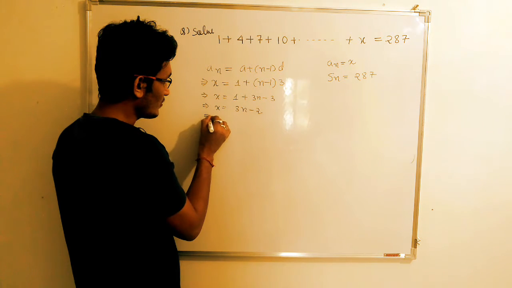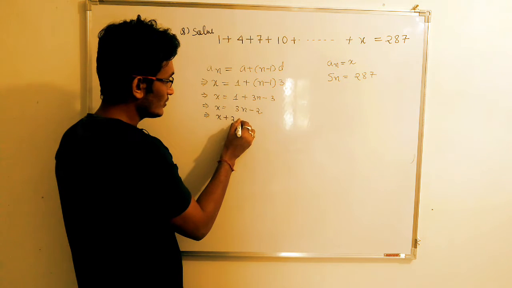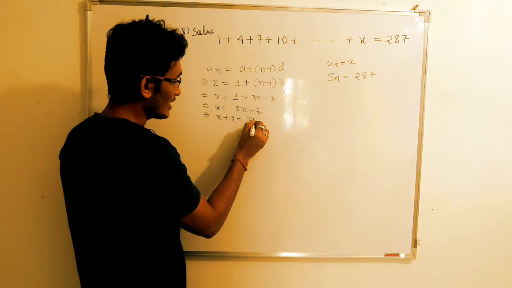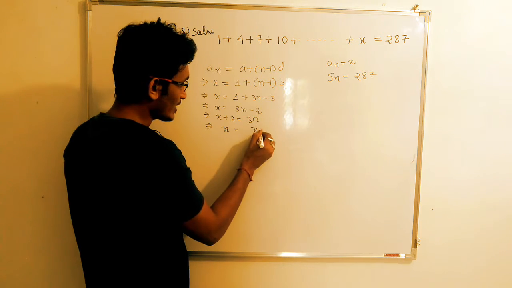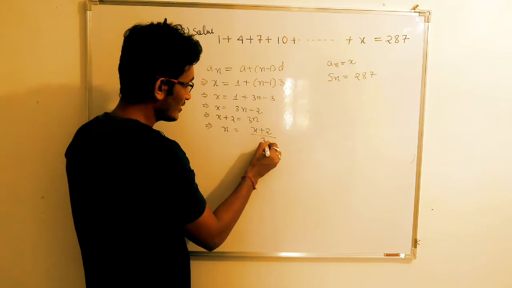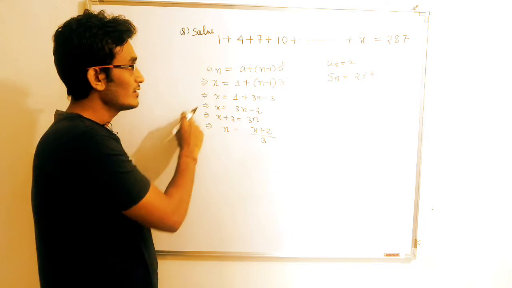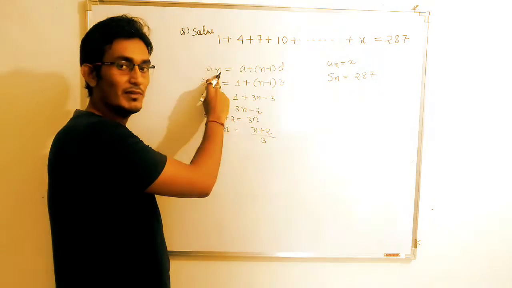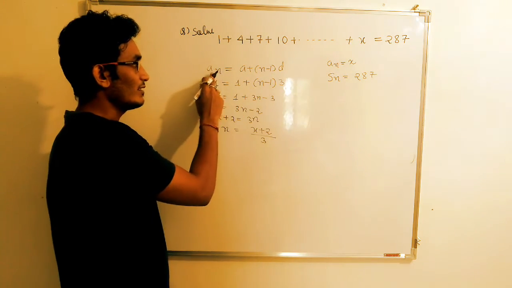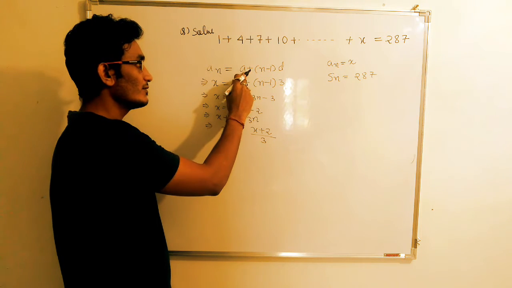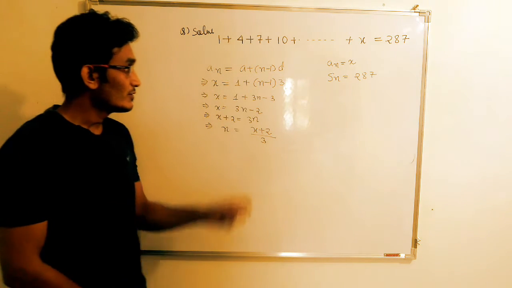So from here x plus 2 equals 3n, and n equals x plus 2 by 3. So what are the steps we have done? Since an, the last term of the AP, is given as x, we used the formula a plus n minus 1 whole times d.